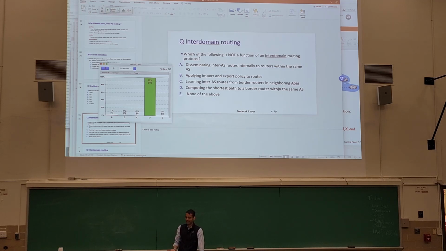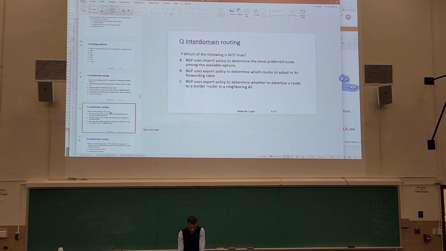So there's intra-domain considerations. However, computing the shortest path should be a dead giveaway because BGP's first criterion is policy, not shortest path, right? So computing the shortest path to a border router within the same AS is very much the essential goal of an intra-domain routing protocol, and therefore that's not inter-domain, right? Okay.